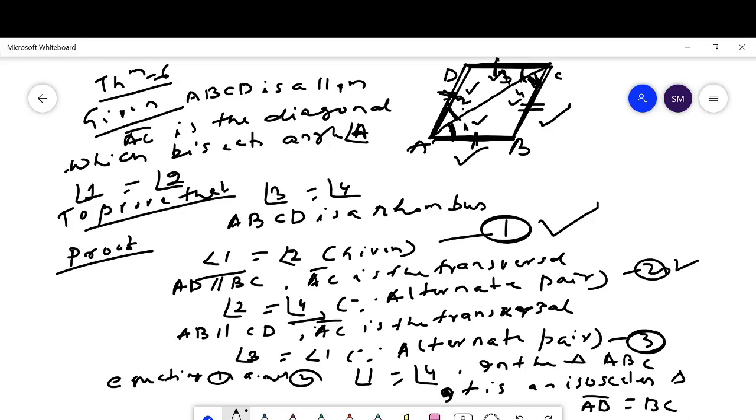Then equating 3 and 4, we come to the conclusion that angle 3 is equal to angle 4.